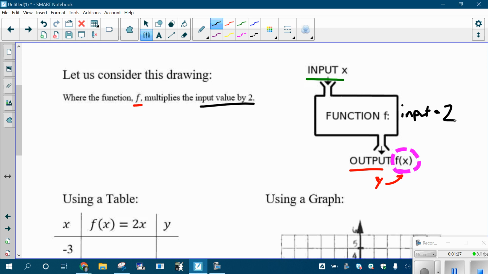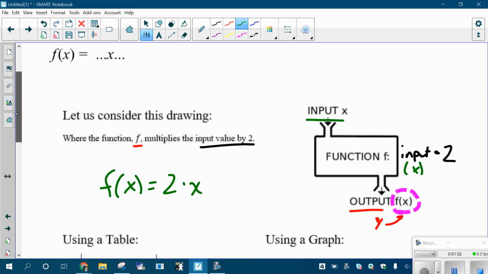The way that we write that in the fancy notation is basically the same way. Input times 2, that gives you output. Okay, but what do we call our inputs? We call them x's. So we say x times 2 equals our output. In other words, how do you get an output? You do 2 times the input. And we just wrote a function.